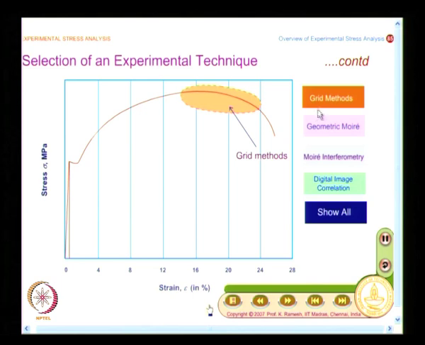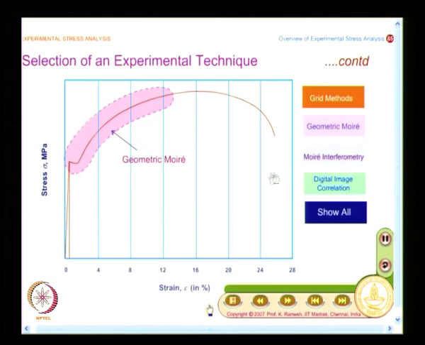And when you come to geometric moire, I would have it somewhere here. This is how I will be able to do this, and if I want to lower this, then I can go for Moire interferometry. And what you need to worry about is this end point and start point. This shape is for convenience, for aesthetic beauty some shape is drawn.